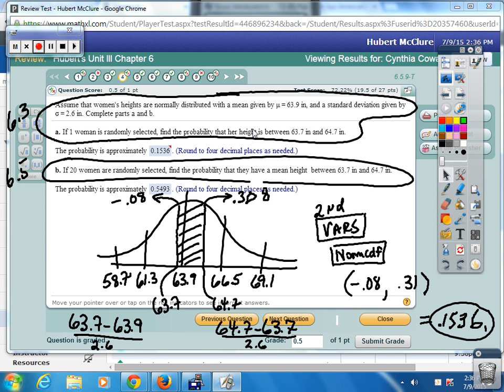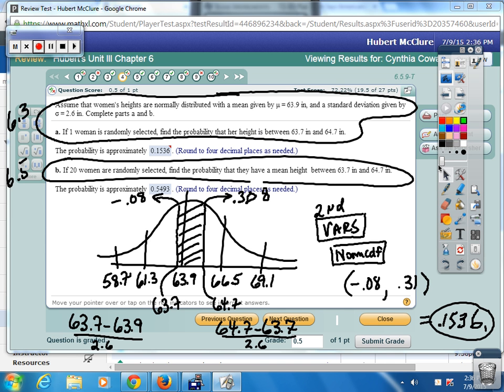All you have to do is, instead of dividing by the standard deviation, you divide by the standard deviation divided by the square root of 20. The square root of 20 is going to be around 4.5, is it not? Somebody check, what's the square root of 20?